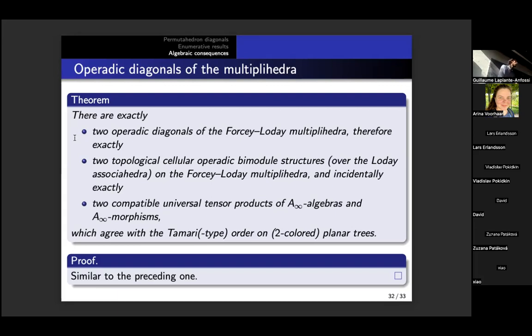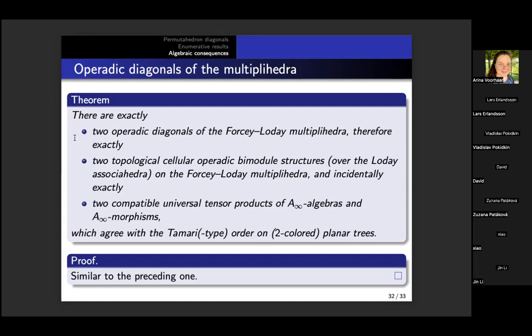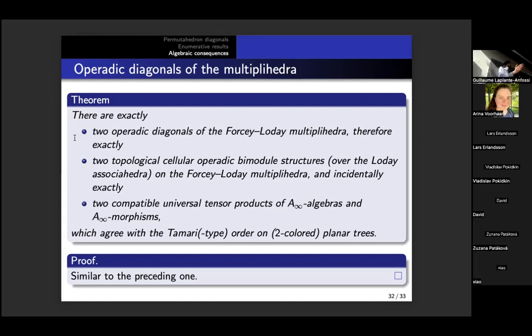Say someone wants to work with these formulas for tensor products, and then wonders which one should I use? Well, of course, they're all homotopy equivalent, but which one should I choose? Well, we're saying you don't have so many choices, and within these two, we also have very explicit descriptions of them.